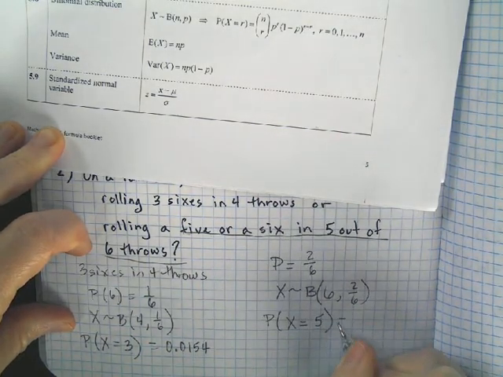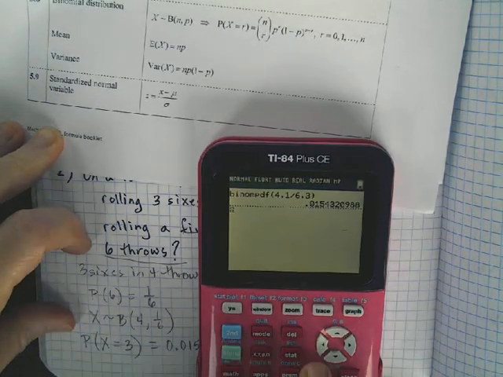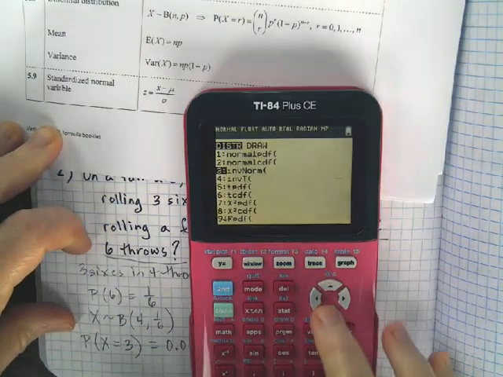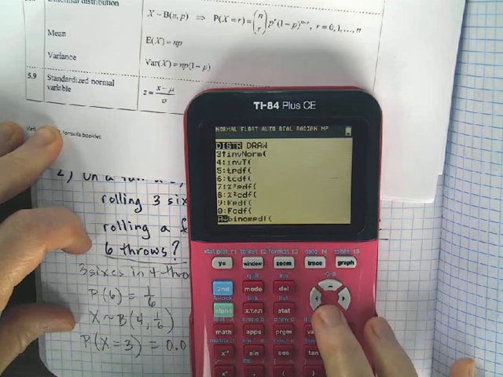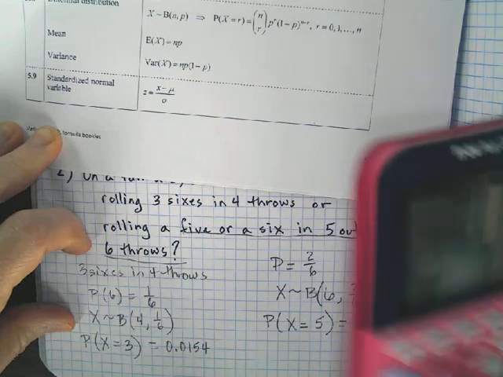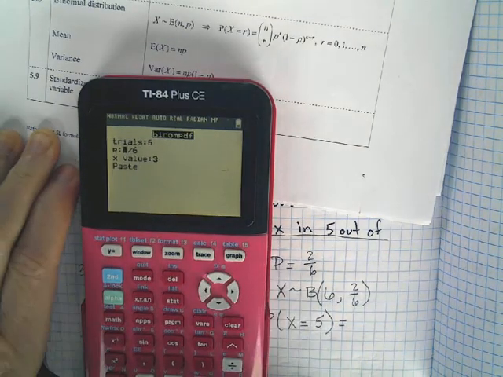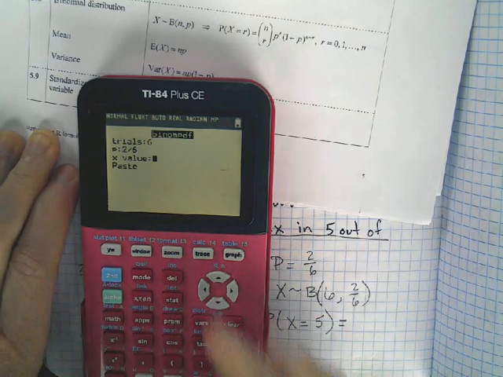Okay, so now I'm going to put this into my calculator. Same thing, distribution, go down to option A, there it is. And this time I have 6 trials, and my probability is 2 out of 6. And I want to win 5 times.